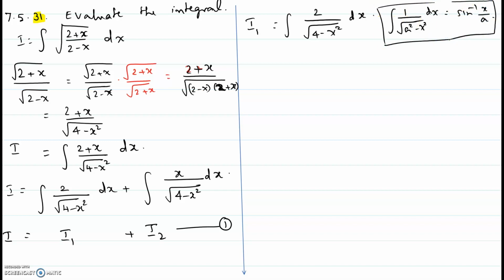So we'll recall that formula here. Here a squared is 4, so a is equal to 2. We have the 2 already, then it is sine inverse of x over 2. So that is I1.